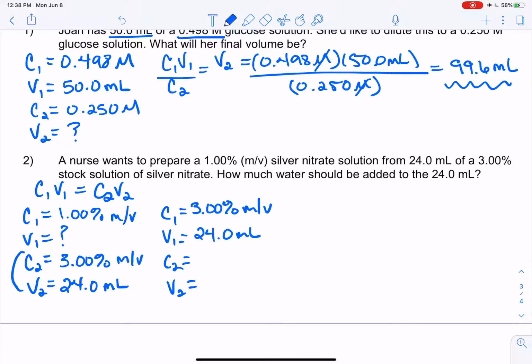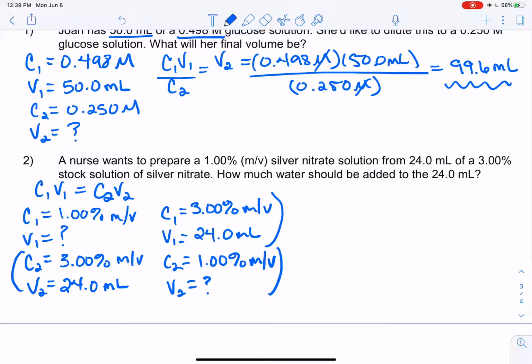And she wants to have a final concentration of 1% M over V. So we need to know what the final volume will be. Okay. Now, that makes more sense, but as long as you keep the sets together, meaning the 3 and the 24 go together, and the 1 and the question mark go together, you'll be fine either way.